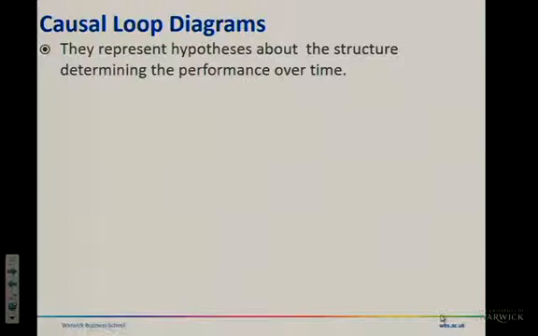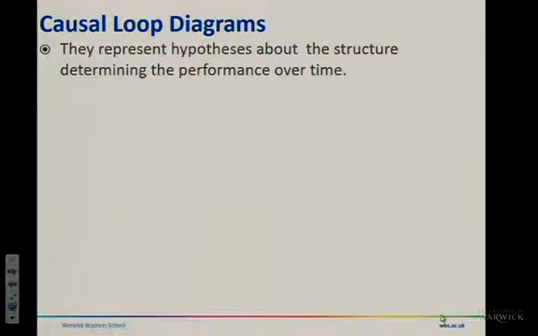One of the important aspects of causal loop diagrams is that they are hypotheses, until you simulate them by developing the full model, now including stocks and flows. They are simply hypotheses about how the structure determines the performance of the system over time.